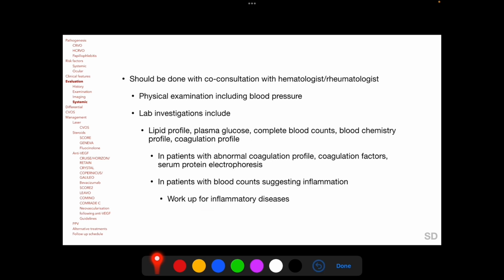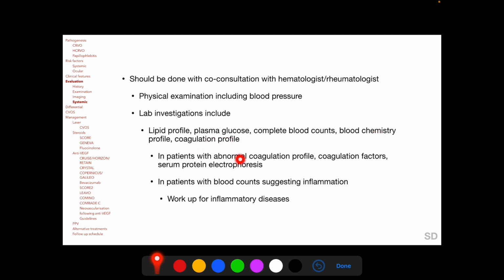Systemic workup should be done in co-consultation with a hematologist and/or rheumatologist. We should include physical examination and lab investigations. Physical examination must include examination of blood pressure, and lab investigation should include testing for lipid profile and plasma glucose, with these three tests enabling us to identify undetected systemic vascular diseases, and also complete blood counts, blood chemistry profile and coagulation profile.